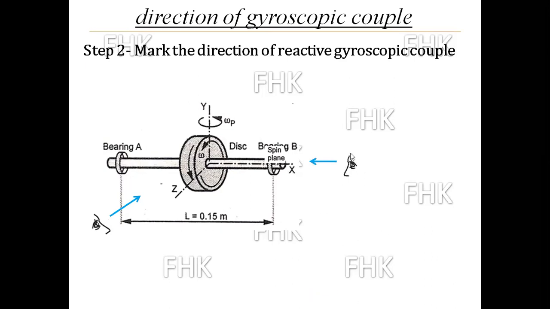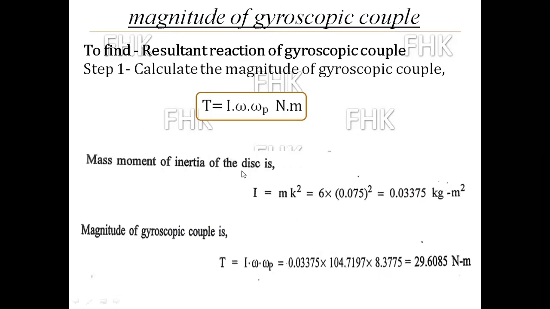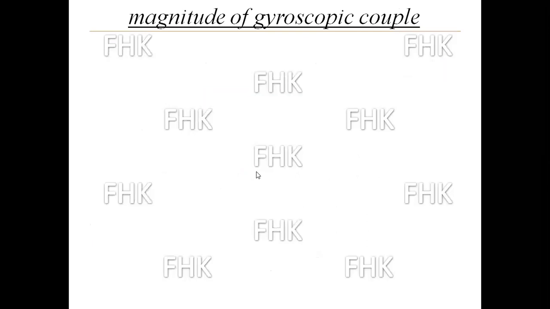From the right hand side bearing, if you observe the system, the rotor is spinning in anti-clockwise direction on the axle, which is given in the problem statement.